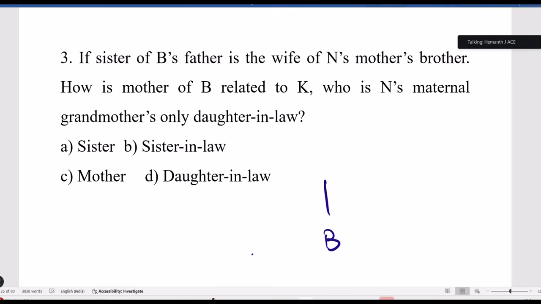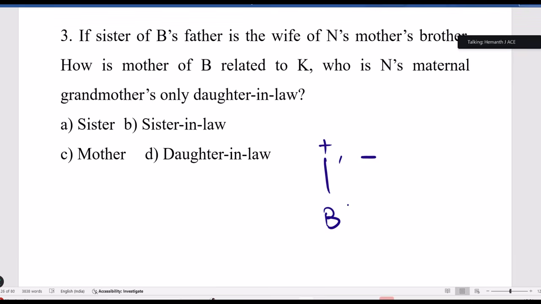B's father's sister is nothing but the wife of N's mother's brother. These two are a couple.